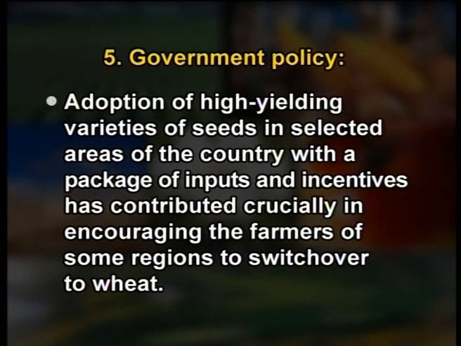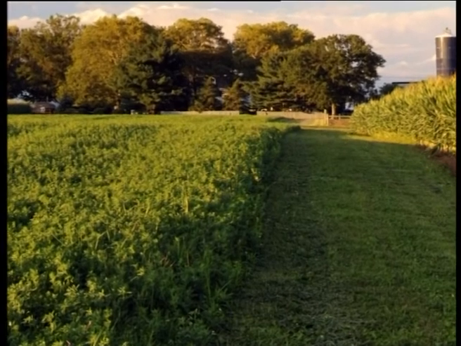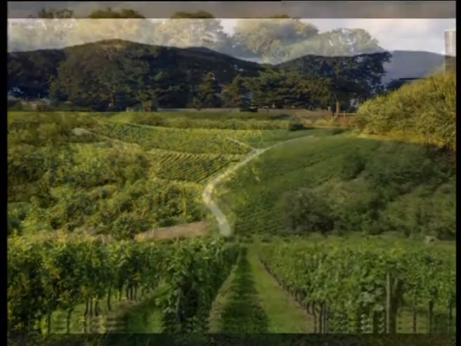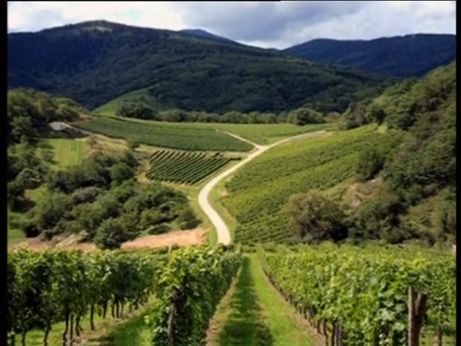Adoption of high yielding variety of seeds in selected areas of the country with a package of inputs and incentives has contributed crucially in encouraging farmers of some regions to switch over to wheat. So, this is how we find that there are various factors that have contributed to the cropping pattern in our country.